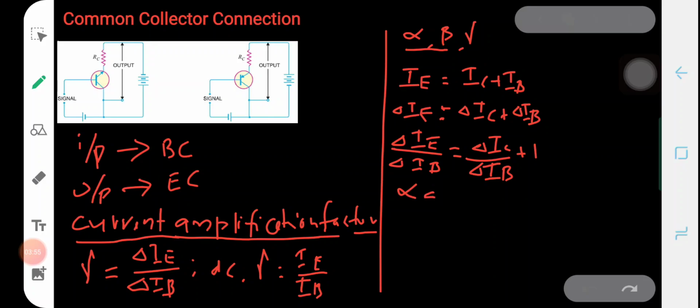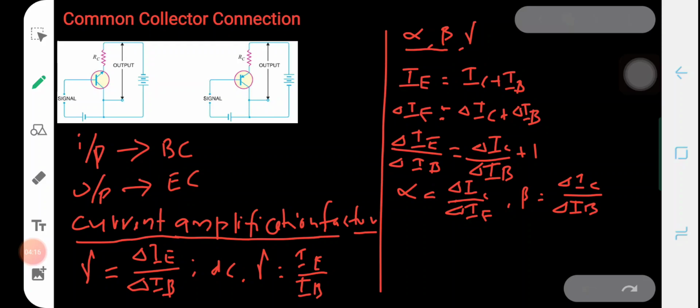Alpha is given by delta IC divided by delta IE, and beta is given by delta IC divided by delta IB.